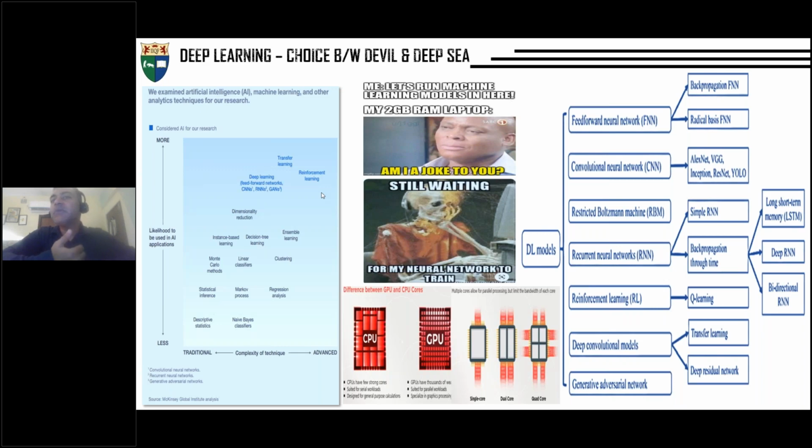Similarly, generative adversarial networks are good at generating. You must have heard of generative AI. Those are the kind of algorithms which are behind generative AI.